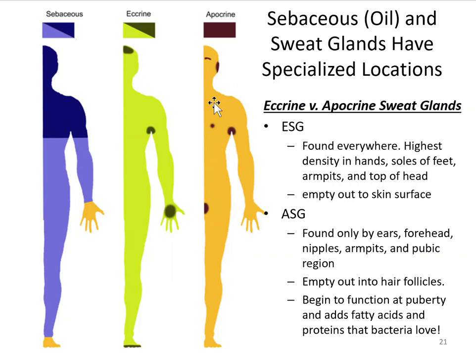Apocrine sweat glands, they're only going to be found in specific areas, so anywhere that's in this kind of brown color. So for example, your eyebrows, where your ears are, the nipples, the armpits, the pubic area, those are the 5 areas of your body where apocrine sweat glands would be.